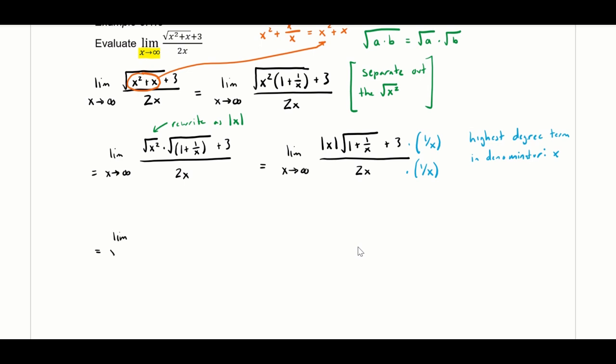So the limit as x goes to infinity of the absolute value of x times the square root of 1 plus 1 over x, and I'm going to put that whole thing over x plus 3 over x. There's my 3, I'm dividing it by x. And same thing on my denominator, 2x divided by x.